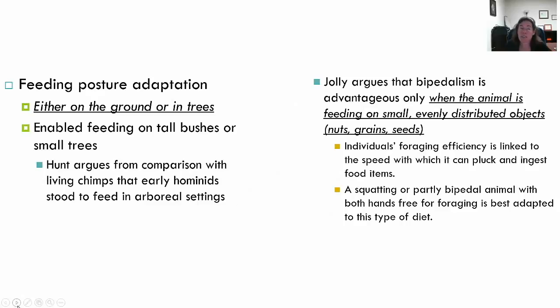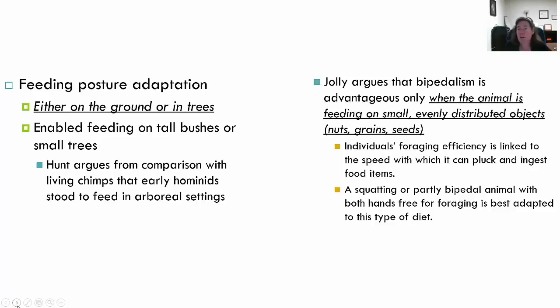Feeding posture adaptation. Either on the ground or in the trees, it enabled feeding on tall bushes or small trees. Kevin Hunt argues from comparison with living chimps that early hominids stood to feed in arboreal settings.